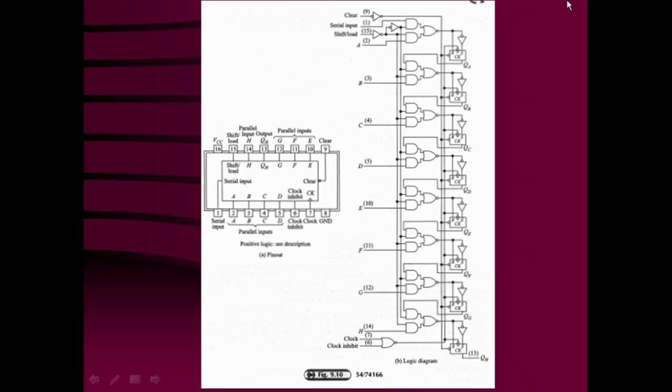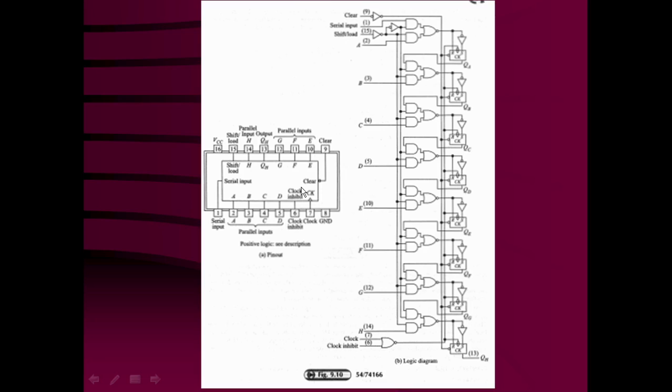But actually, there is one circuit with an RS flip-flop and some logic circuitry attached, and this kind of arrangement is repeated 8 times, and that way parallel entry of the data or serial entry of the data of this IC 74166 can be formed.